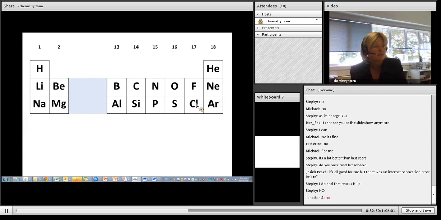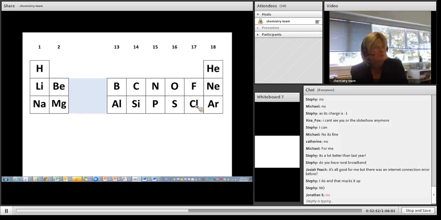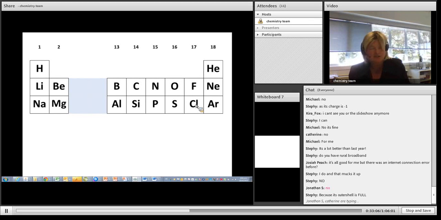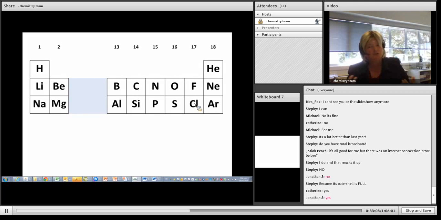Okay, so with chloride, would chloride gain any more electrons? No. So chloride can never gain more electrons. It can never be an oxidant. So it can never have a smiley face and grab more electrons because it's full. Okay. Can chloride be a reductant?